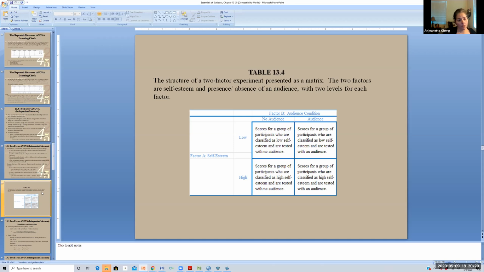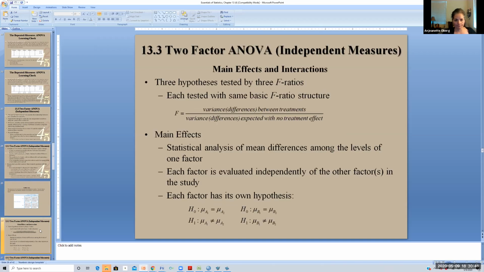So we're comparing the people with low self-esteem to high, we're comparing the people with no audience to audience, and we're comparing the people with low no audience to low audience and high no audience to high audience, and then these to one another as well, okay?